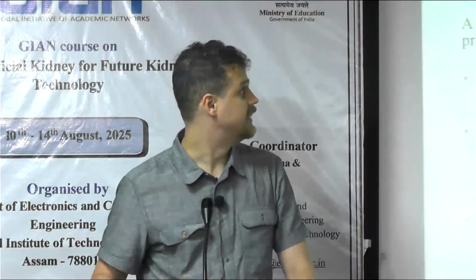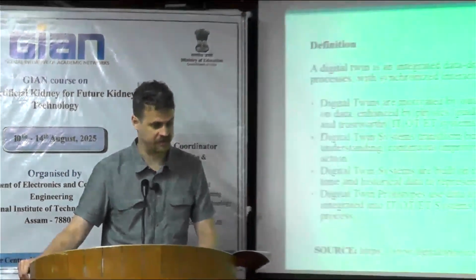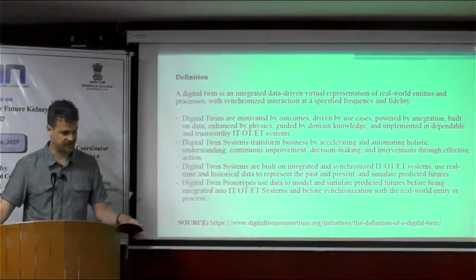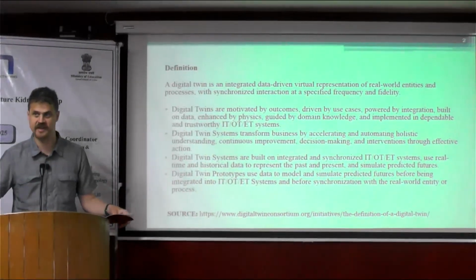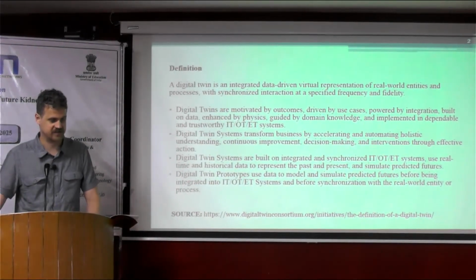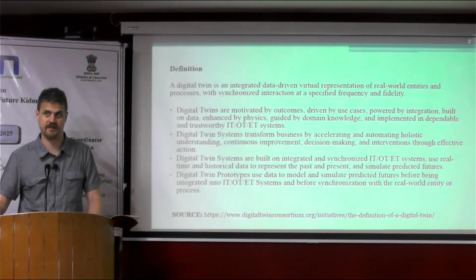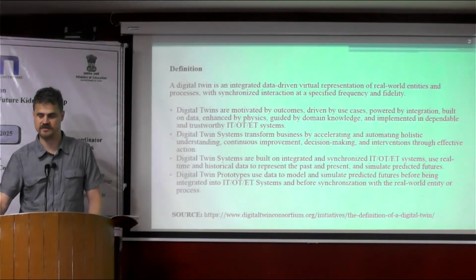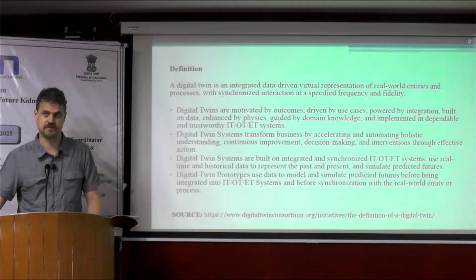So to simplify the definition, the digital twin is basically a virtual representation of the real life physical object, whether it's a natural object like a microorganism or a human organism, an engineered object, whether that be an engine or any sort of hardware, and even a social system.